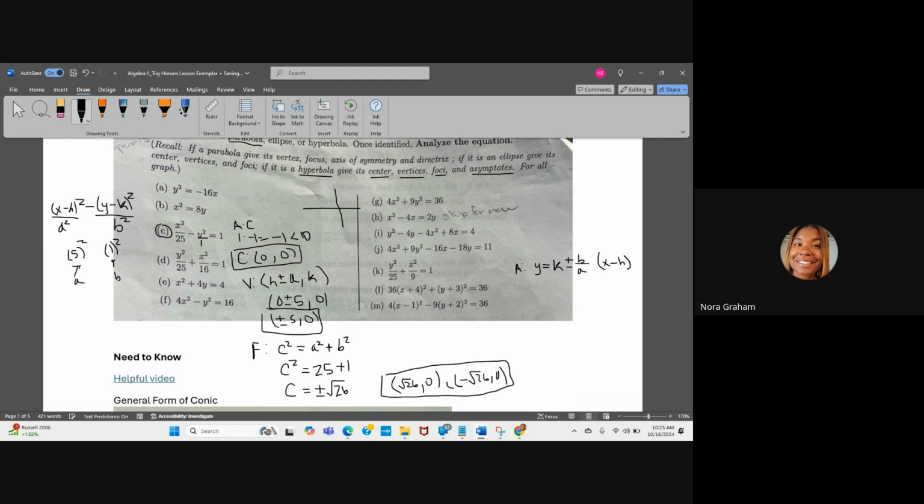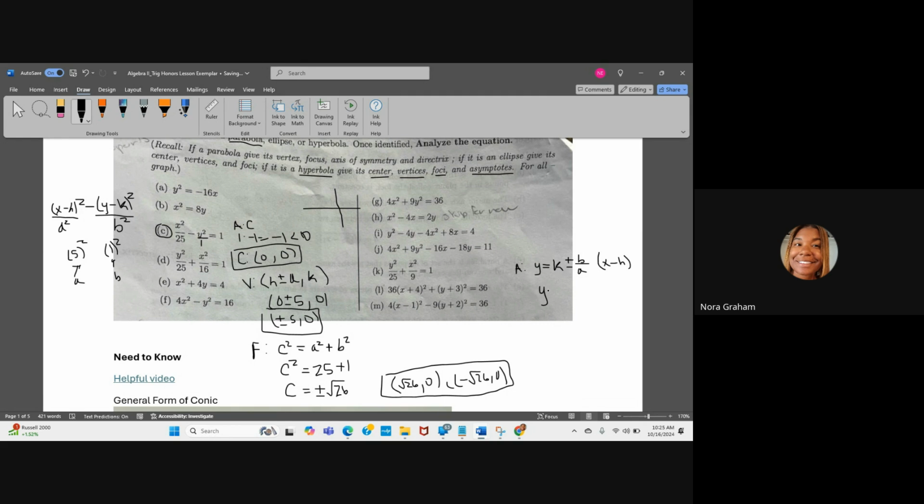Now, if my a squared was not over my x, and it was actually over my y, then I would swap my a and b. And I'll do an example like that again if you guys request any more of these to be done. So let's go ahead and plug in everything we have.